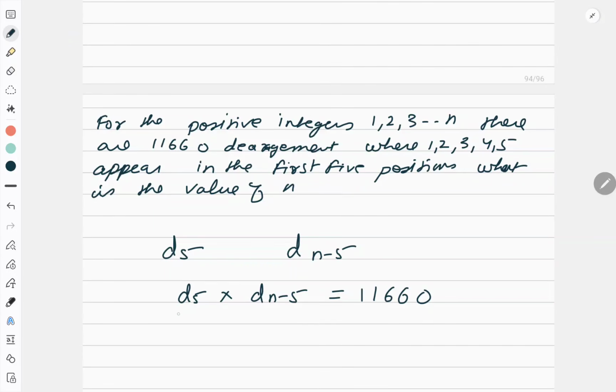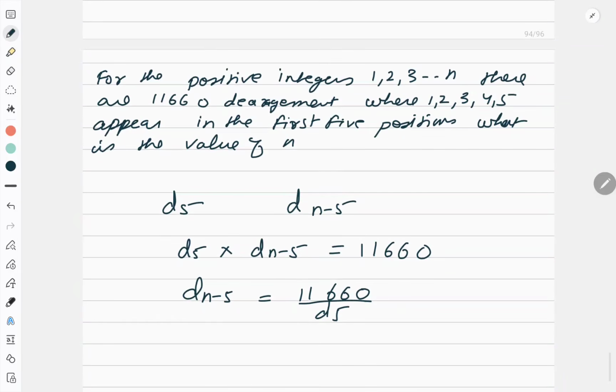Okay, now I will try to solve this. What is the value of D5 and D(n minus 5)? So D(n minus 5) is equal to 11660 upon D5. We have already found out the value of D5, that is 44. So this is equal to 265.